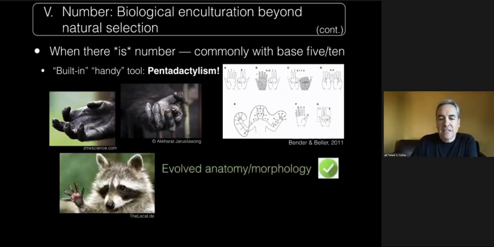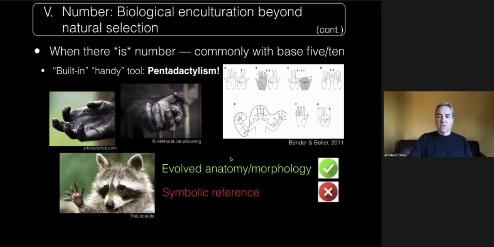And this pentadactylism is an evolved anatomical trait. So you have a morphological trait that is biologically endowed. But none of these species would recruit those biologically endowed properties like pentadactylism to count or use as symbolic reference.